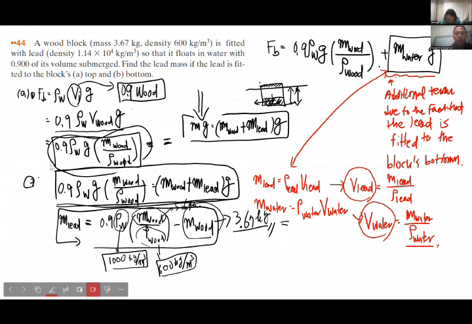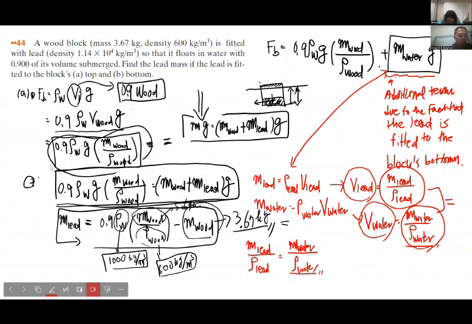Yes. The two volumes must be the same because they are submerged in the water, and the water portion is 100% replaced by the lead. So that is the mass of lead over the density of lead, the same as the mass of water over the density of water.